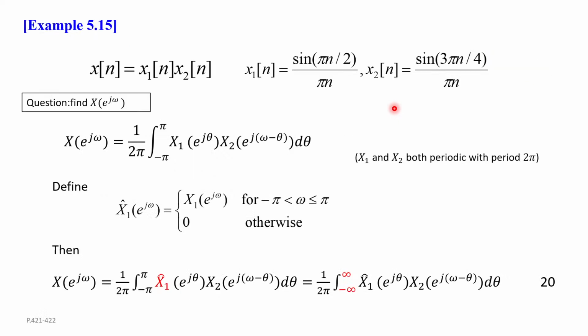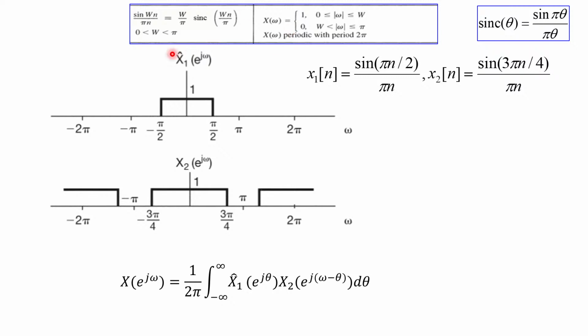So you have this x1 and x2 both being sinc, and in terms of our cheat sheet here, we have sin(ωn)/(πn). Then its Fourier transform is a low pass filter with the cutoff being ω. So x1 is this and x2 is this.